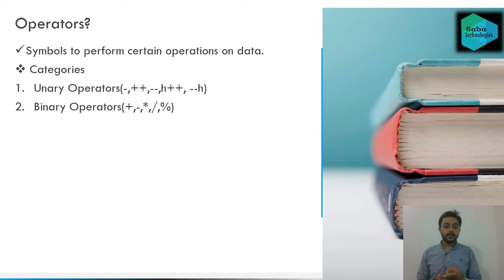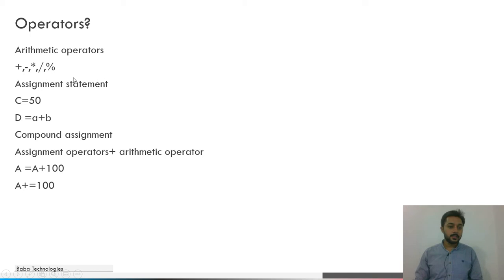If we want to add 4 plus 5, the value 4 is stored in a and the value 5 is stored in b, so they are added to each other. 4 plus 5 is equal to 9, and the same thing applies to minus, multiplication, division, and the modulus operator.